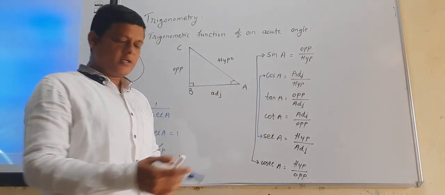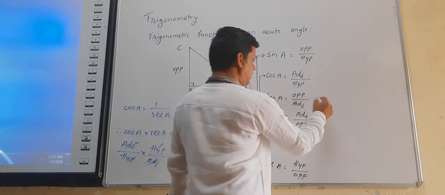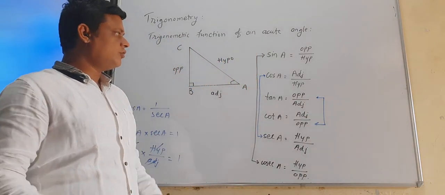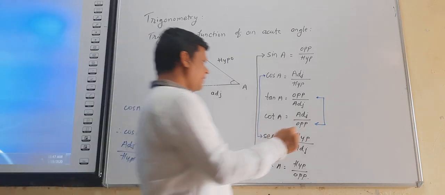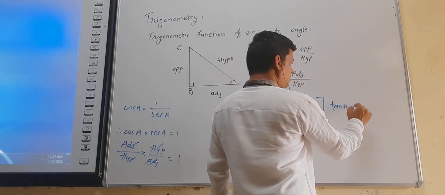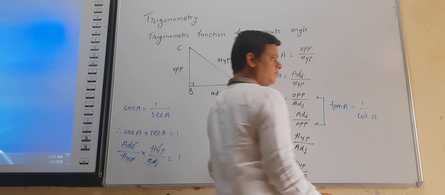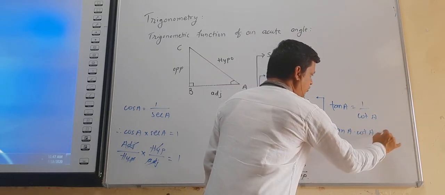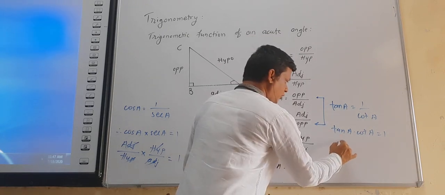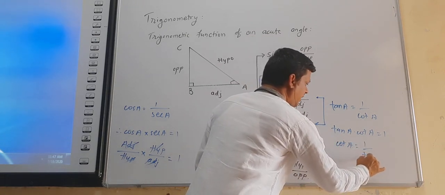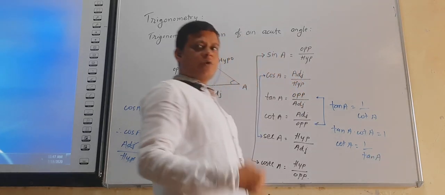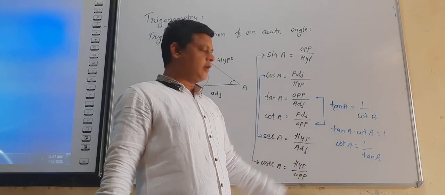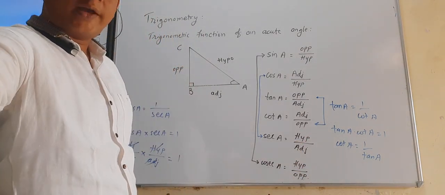Now observe the last, that is tan A and cot A. From this also you make one formula, that is tan A is equal to 1 upon cot A, or tan A into cot A is equal to 1, or cot A is equal to 1 upon tan A, which we have to use in class 12 also for calculating some example values.